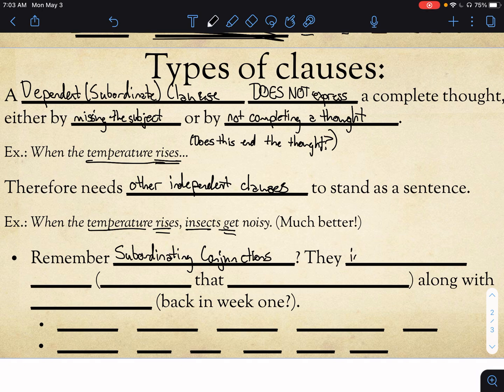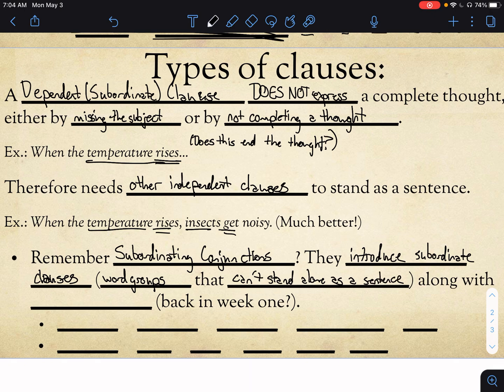If you remember, they introduce subordinate clauses, which are what we were talking about right now. Subordinate clauses, which remember are word groups that can't stand alone as a sentence.